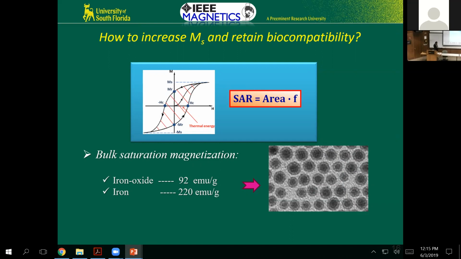So here are some TEM images of core shell particles made in my group. Over the years, I've had the good fortune of working with a number of excellent postdocs and students who are well-trained in chemistry. You need excellent training in chemistry to make high-quality nanoparticles. Making nanoparticles is relatively simple, but making high-quality single crystalline nanoparticles is what is needed for improving SAR or any other type of application.